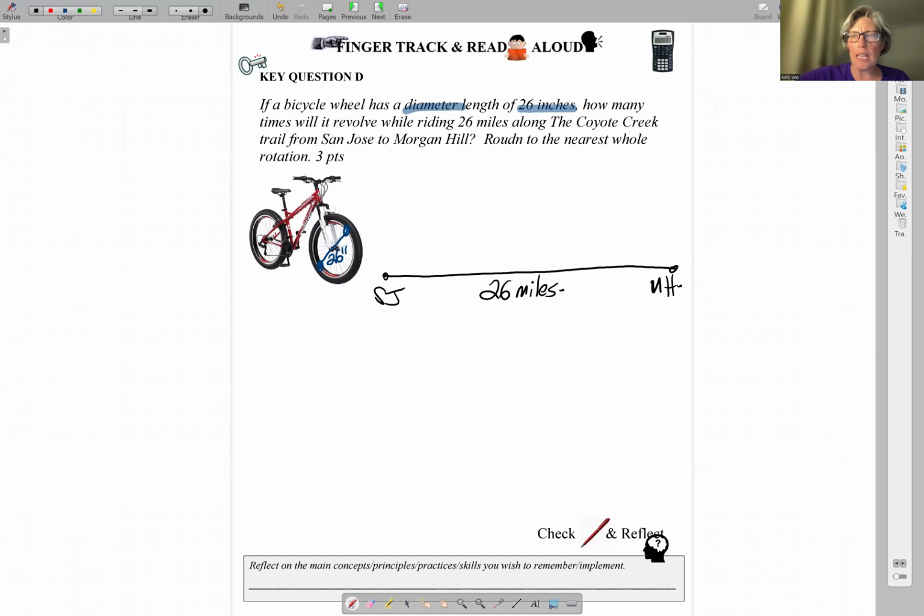So that's the key to this whole problem, is understanding the word revolve actually means circumference. So your first step here is to find the circumference, which is C equals D pi.